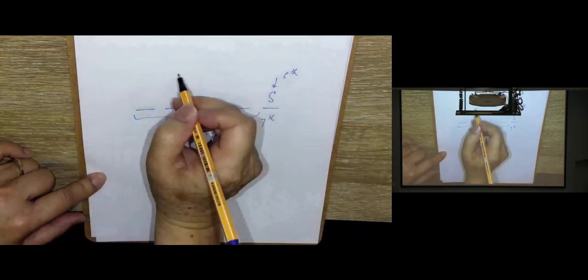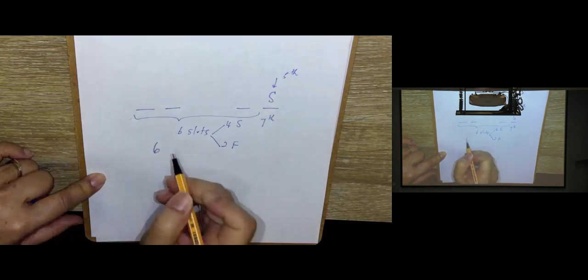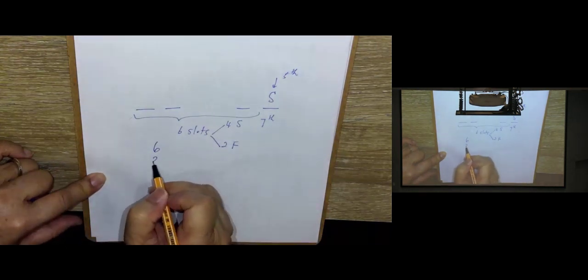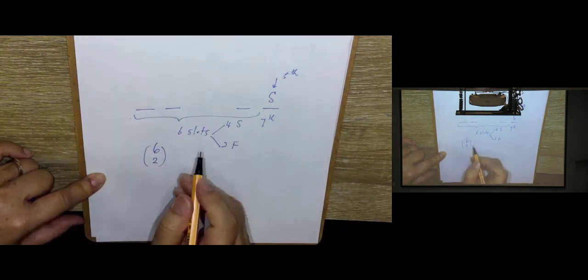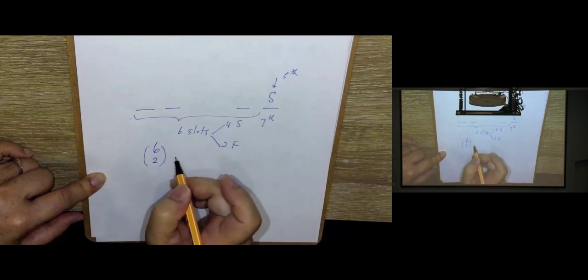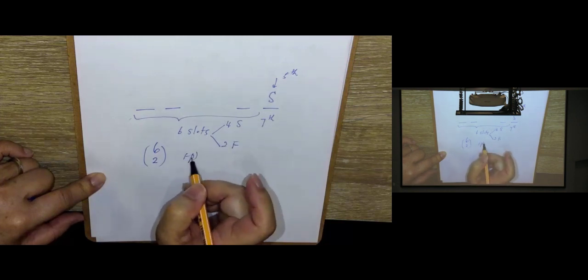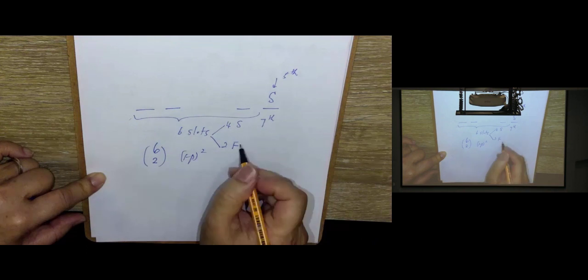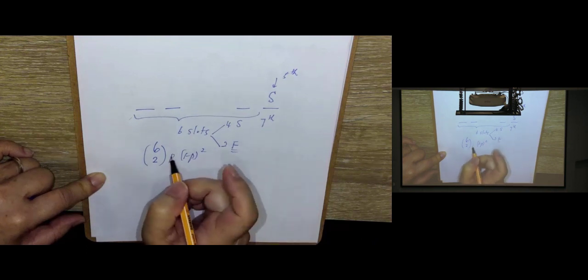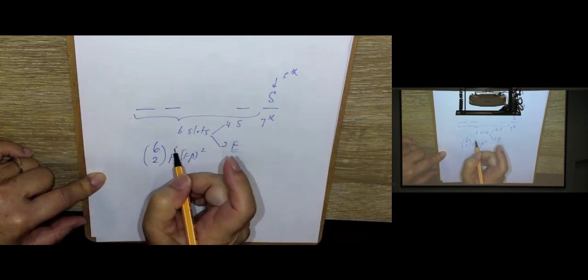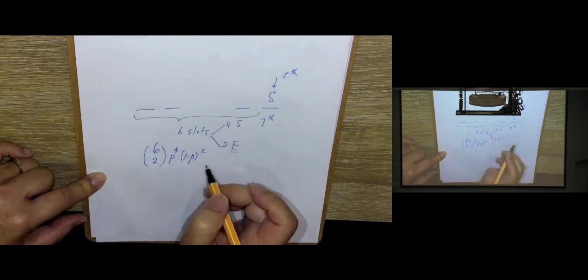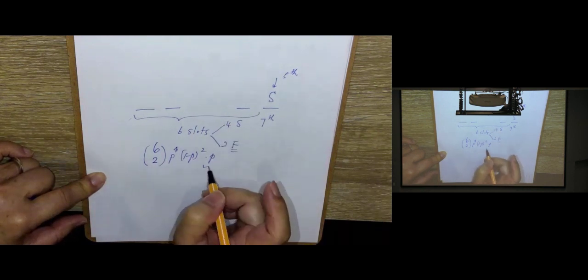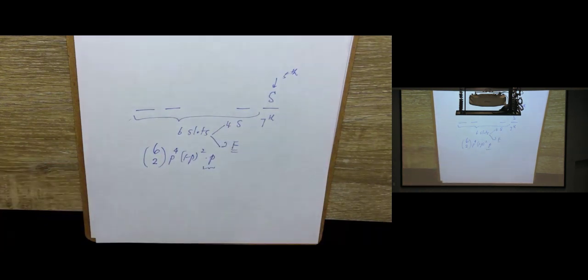As a result, one way to think about it is 6 choose 2, and then you have 1 minus P squared, because that corresponds to the failures, and then P to the power 4, because there are 4 successes. And then the last trial is a success, so it's a P.